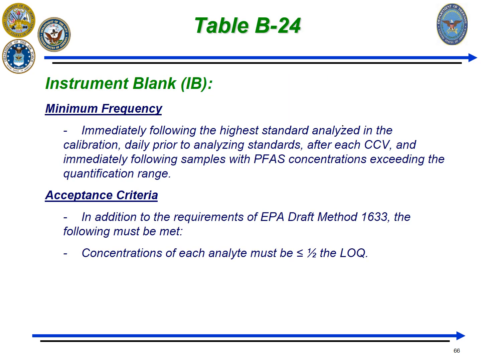Since the method doesn't really have any clearly stated requirements for the instrument blank as far as acceptance criteria, we included in Table B-24 the evaluation of the instrument blank with respect to the limit of quantitation, that being that the concentration of each analyte must be less than or equal to 1/2 the limit of quantitation. This falls in line with our method blank criteria.